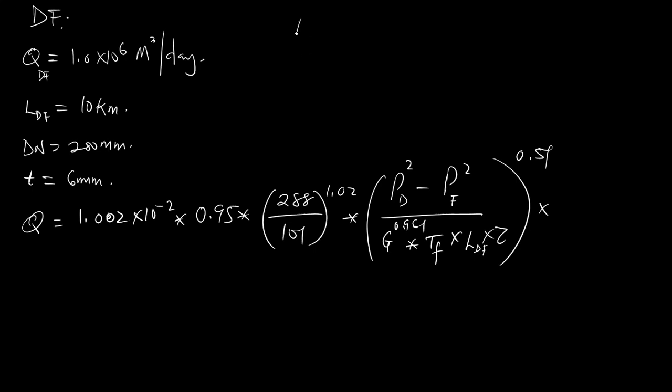Now let's calculate the internal diameter D, which is the nominal diameter minus 2 times the thickness. So you have 200 minus 2 times 6, which is 200 minus 12.